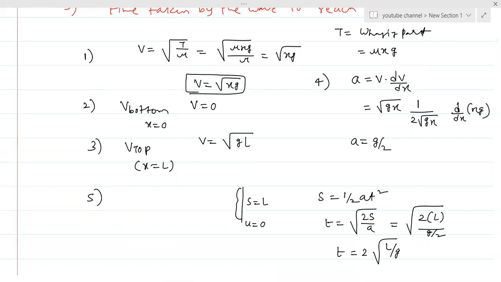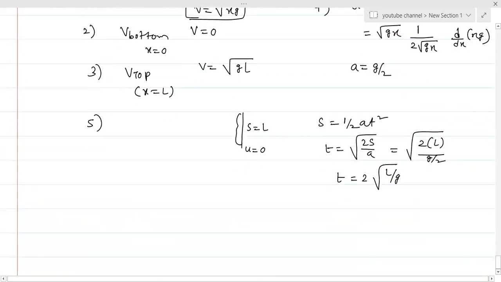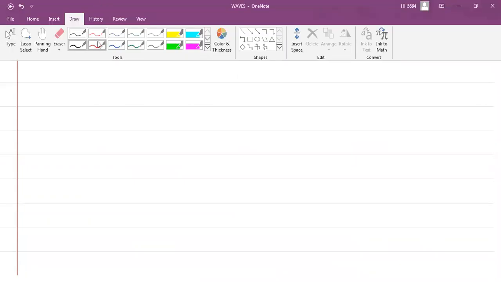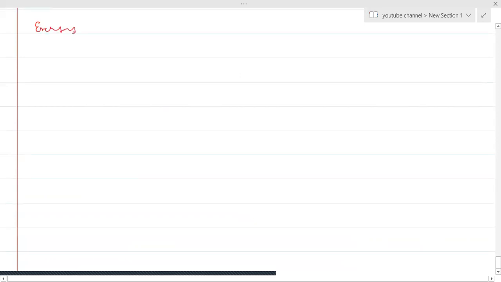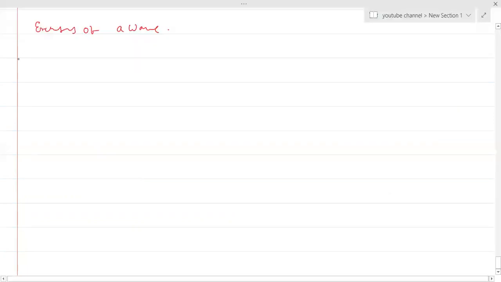After that, we will discuss the energy of a wave and intensity. So we will think of the energy of a wave.